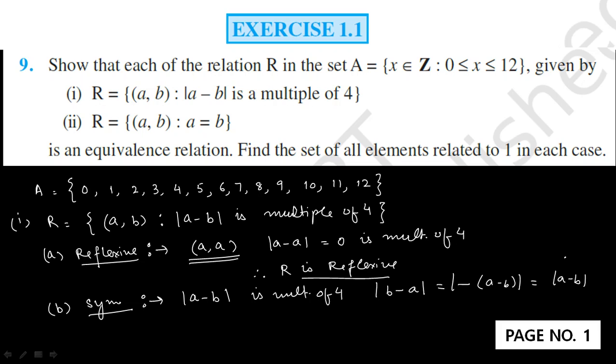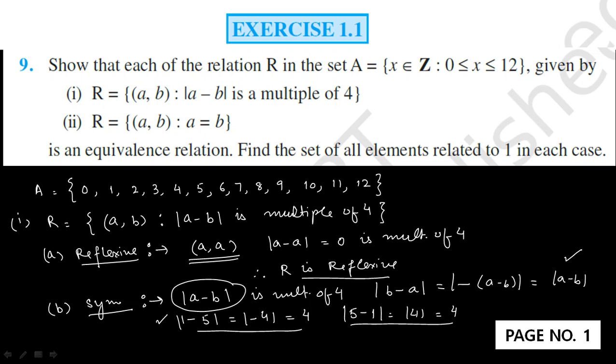This one is a multiple of 4. If I am talking about numbers, suppose I am writing 1 minus 5. This one is |minus 4|, it can be written as 4. This one is a multiple of 4. But about 5 and 1, this one is 4. Again this one is a multiple of 4. It means you can write in statement also, and you can convert these contents into numbers.